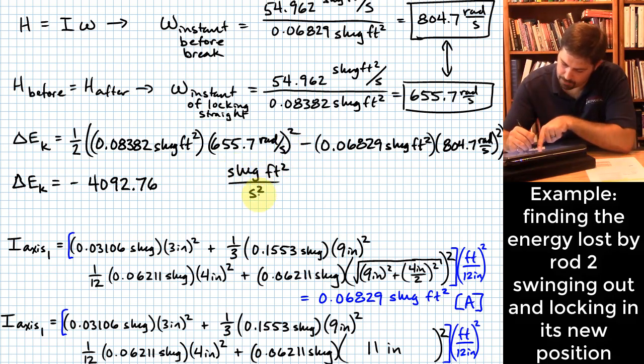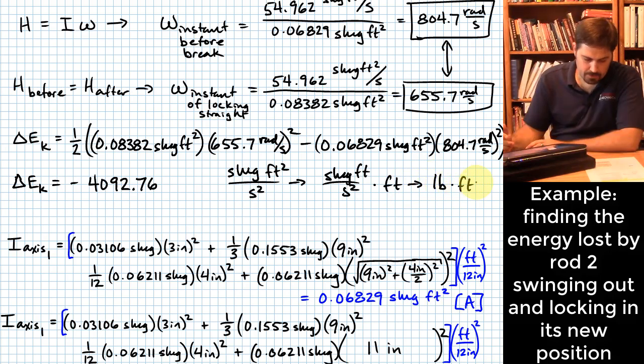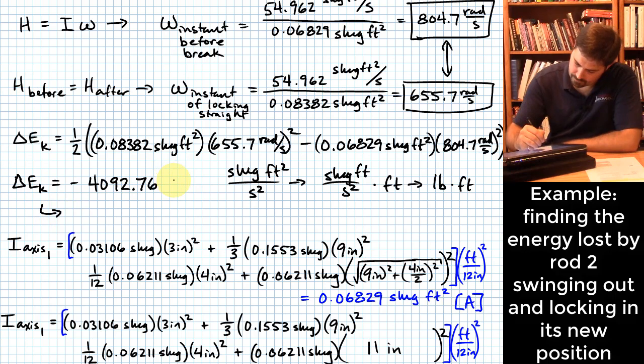A slug foot per second squared is a pound, times feet, this is pound times feet. And so this ends up giving us foot-pounds.